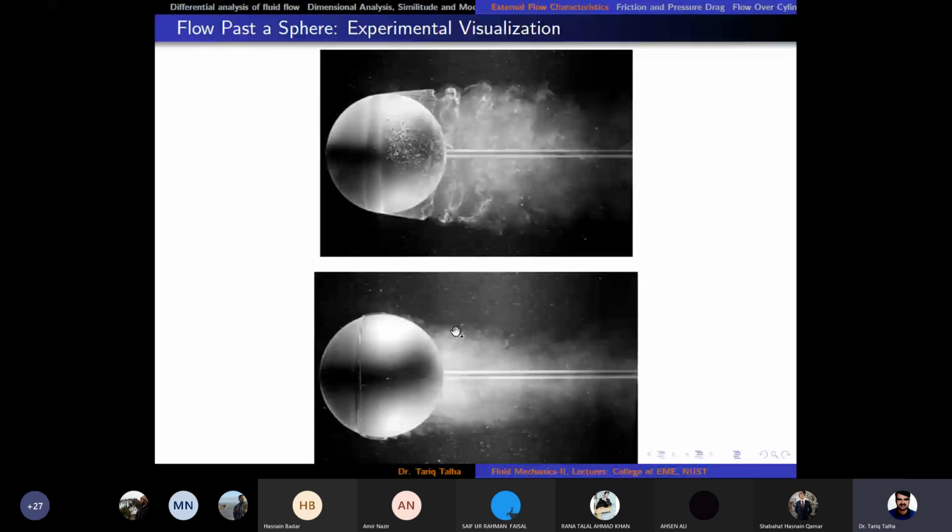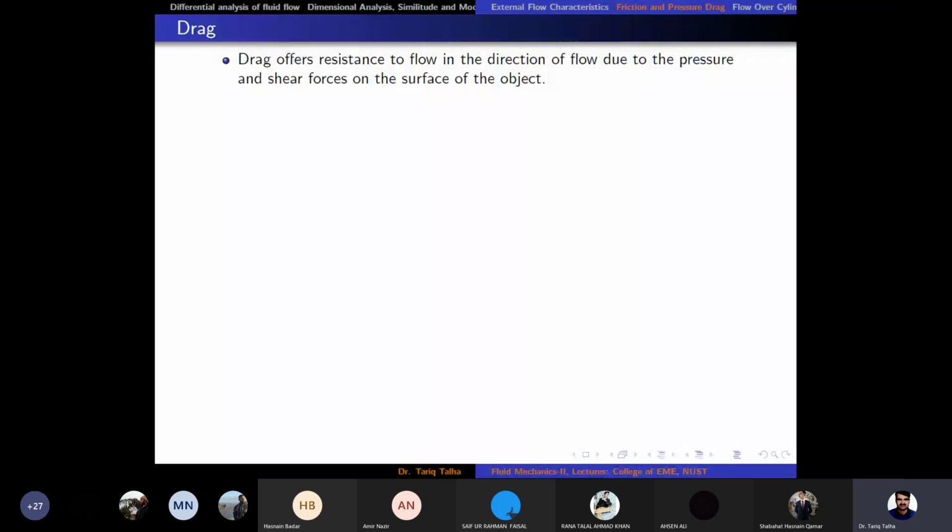Okay, so now we quickly go through the drag and lift forces which we discussed in quite some detail in the last lecture as well as in this lecture. So what is the drag force? Drag force is basically the resistance to the flow in the direction of flow due to the pressure and shear forces on the surface of the object. So drag is the result of two types of forces.